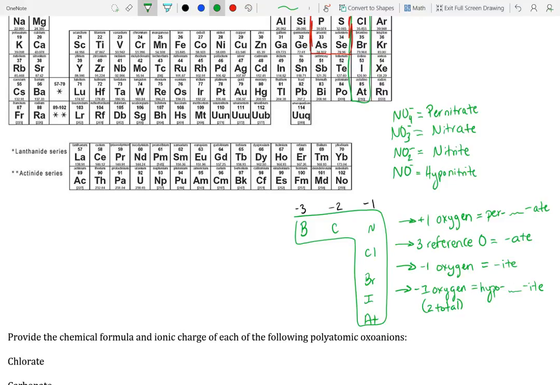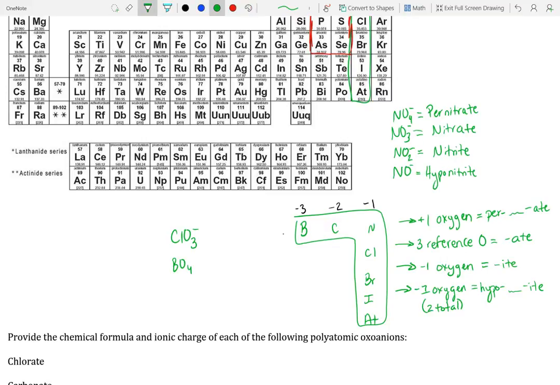And that's going to be exactly the same thing for chlorate. For example, if you wanted to write chlorate, you would write ClO3. Look at the charge, it's minus. If you wanted to write perborate, it would be BO4. These all follow the same general rule of 4 oxygens means per and an ate, prefix and suffix respectively, except the charge changes.